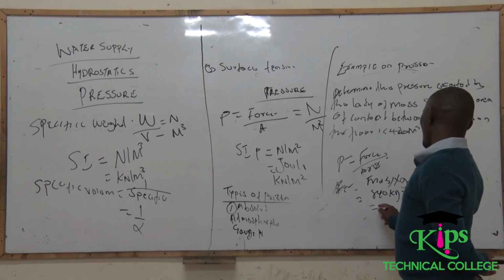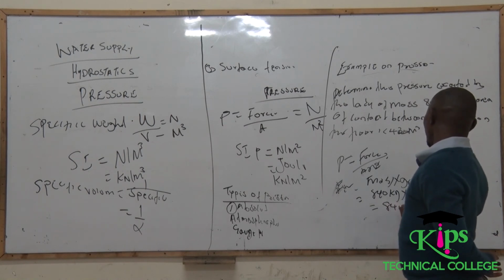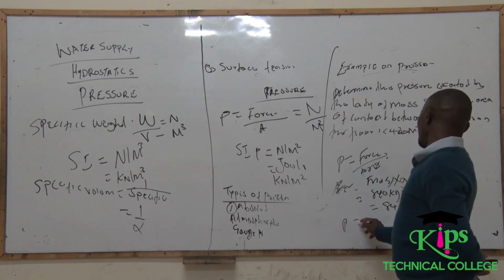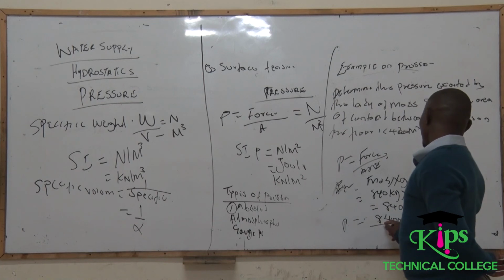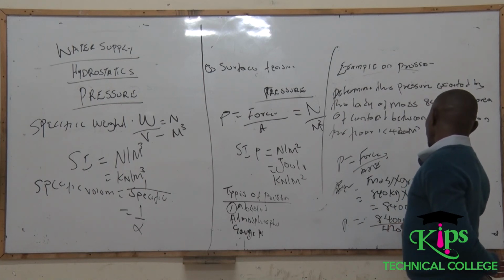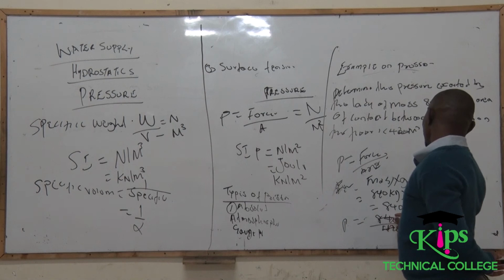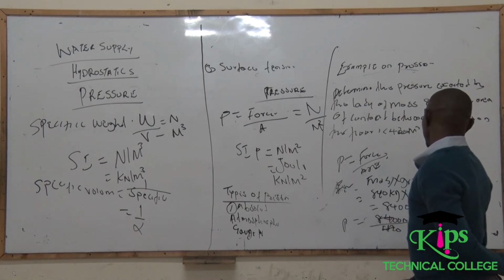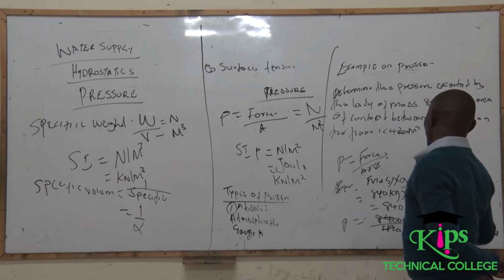Therefore, our force is 8,400 Newton. Our pressure is then 8,400 Newton divided by 420, which gives us 20 Newton per meter squared.